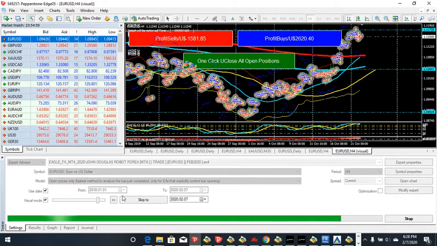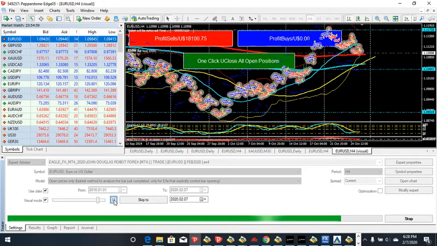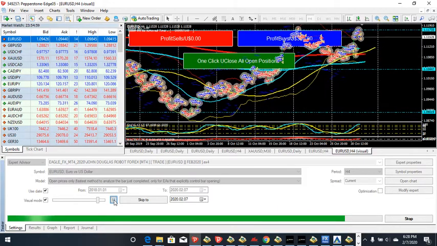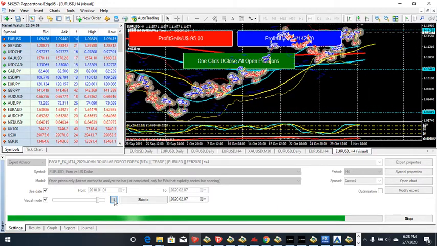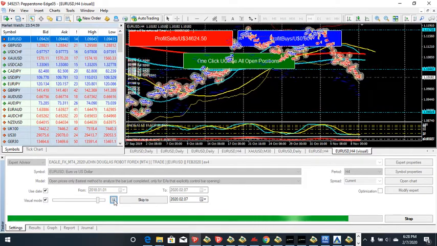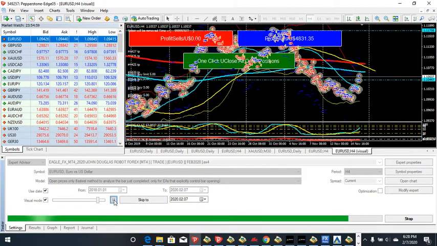Okay, now look again. It's back to the moving average. It's back to the moving average. Now, when it goes above the moving average, it will always come back to the moving average. So that is the average.